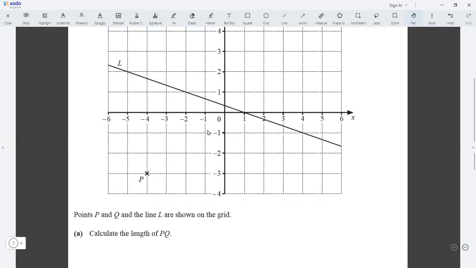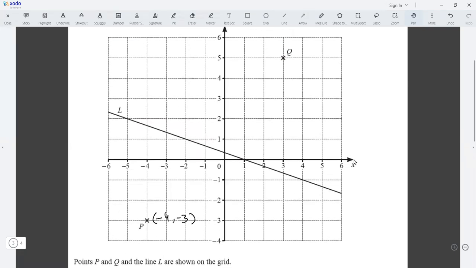So point P: checking on the x-axis, it is exactly lying below -4. And what about the y coordinate? It is -3. What about point Q? Point Q is here. It is above 3 on the x-axis, and it is right towards 5.